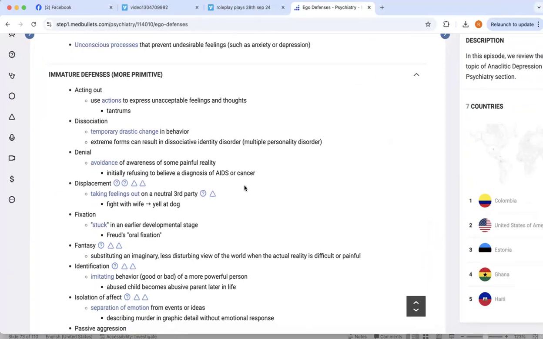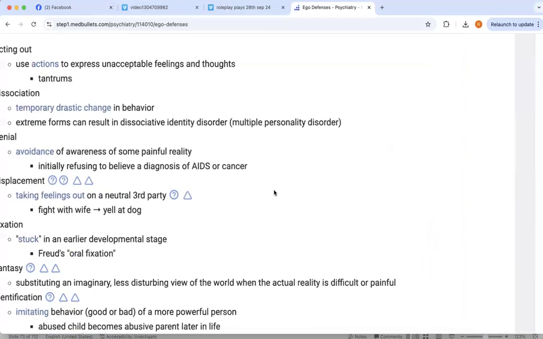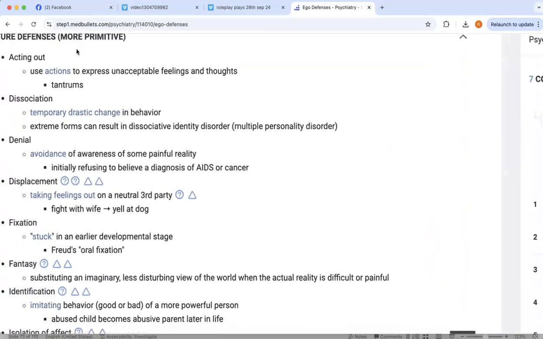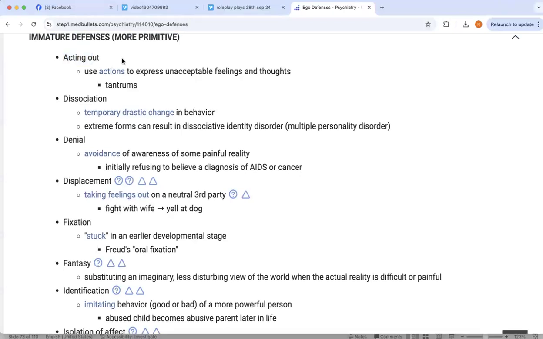Immature defense mechanisms. First of all, we have acting out. Acting out means that a person uses action to express something unacceptable. Let's say you have been working in an office for years and this was the time you were supposed to get promoted.